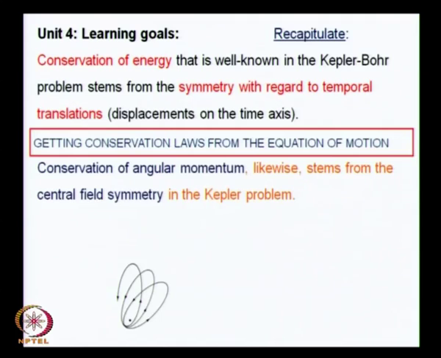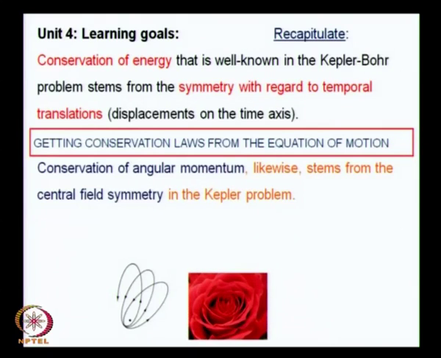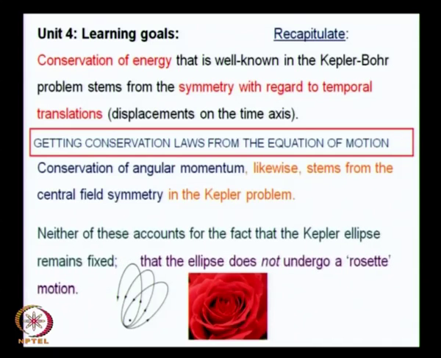Why does it not go from one to the other in what is called a rosette motion? Because if you look at this from a distance, it will look like the petals of a rose, and it turns out that neither the conservation of energy nor the conservation of angular momentum is sufficient to explain the fact that the ellipse does not actually precess and the ellipse does not undergo a rosette motion.